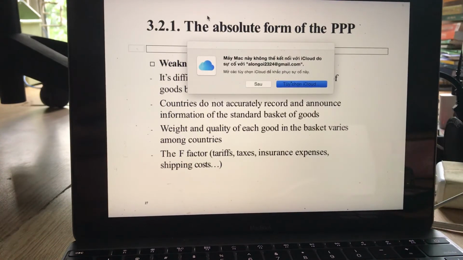In the PPP, we make five assumptions. When these assumptions hold, we have the PPP, but in reality, we have positive tariffs, positive tax rates, and risks when we trade across countries. We have cross-border trade, and the shipping cost is very expensive. So those are the factors that make the exchange rate deviate from the purchasing power parity.